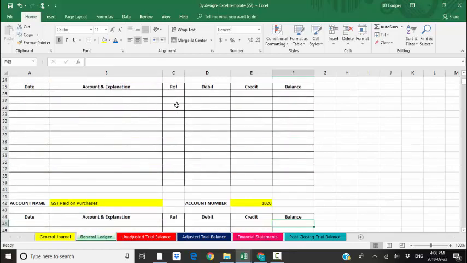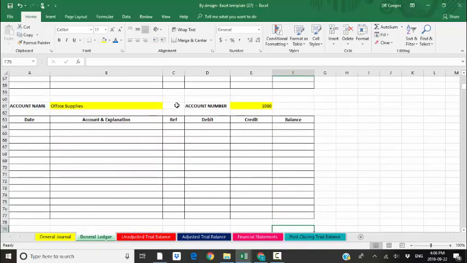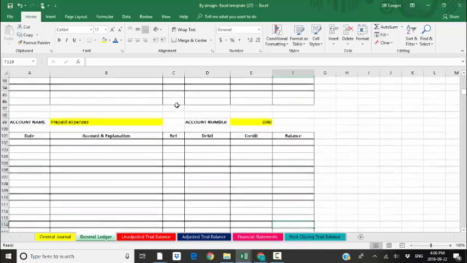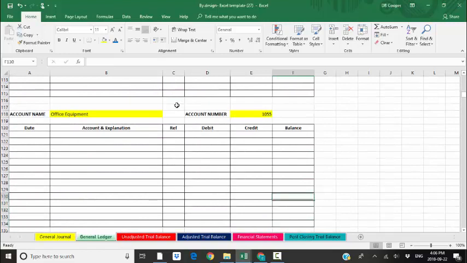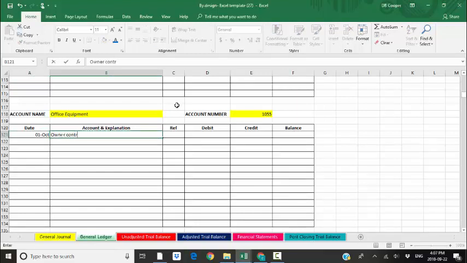So the other thing that we contributed to was office equipment. So let's go down, down, down. There it is, office equipment. And on October 1, I'm going to put owner contribution of office equipment.